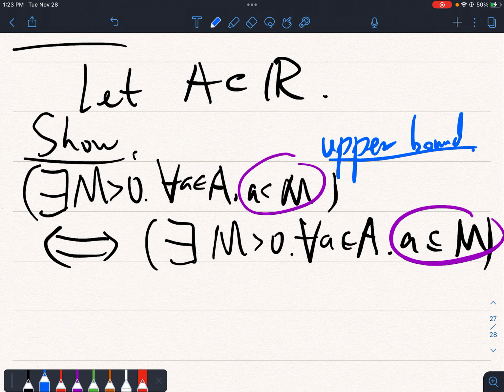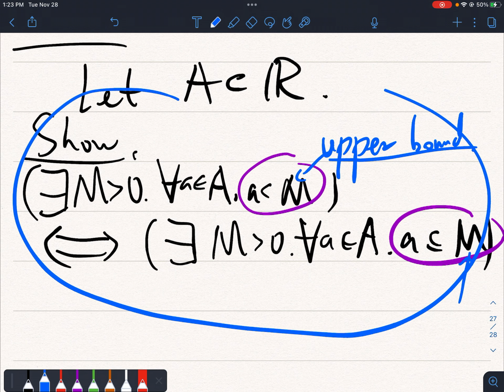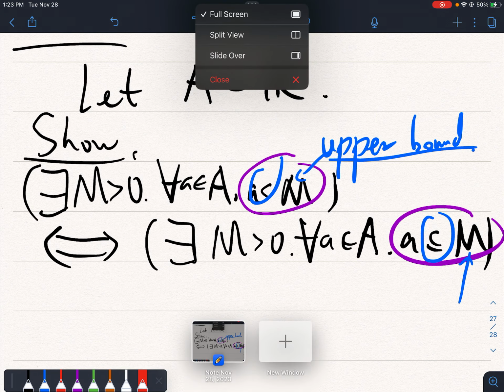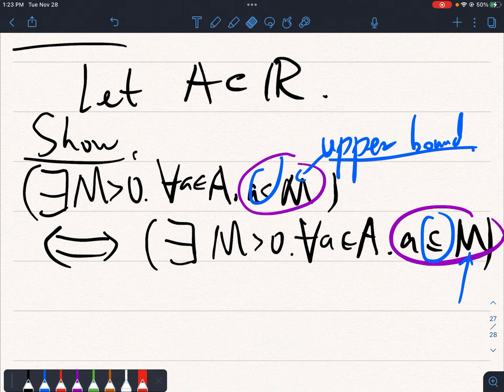Upper bound means it is bigger than or equal to everything. So this exercise basically tells you that when we want to define an upper bound, it actually doesn't matter so much whether this is less than or equal to, but when it comes to the least upper bound, then we have to be careful.